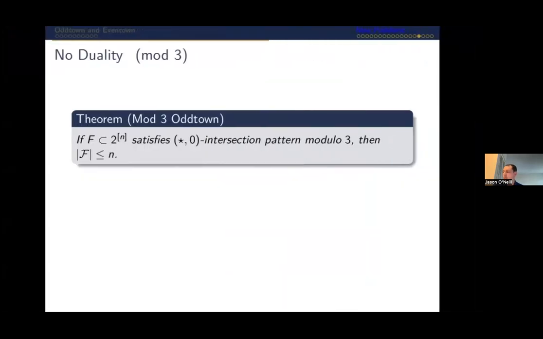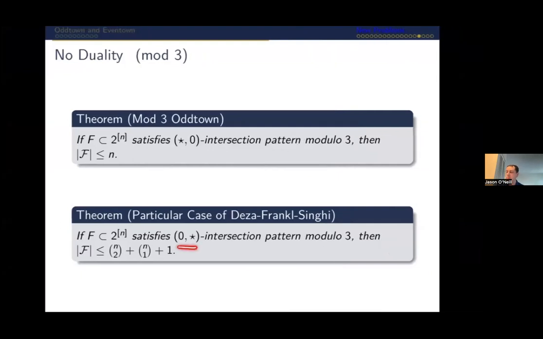So why is it hard? One reason it's hard is, unlike in the mod 2 case, there's no duality mod 3. So the star 0 problem, where the sets have size non-zero mod 3 and the pairwise intersections have size 0 mod 3, sometimes it's called mod 3 oddtown. The answer there is n. And you can take the singletons, all the same. Okay, so that's the star 0 problem. The 0 star problem is a particular case of the Deza-Frankl-Singhi result.